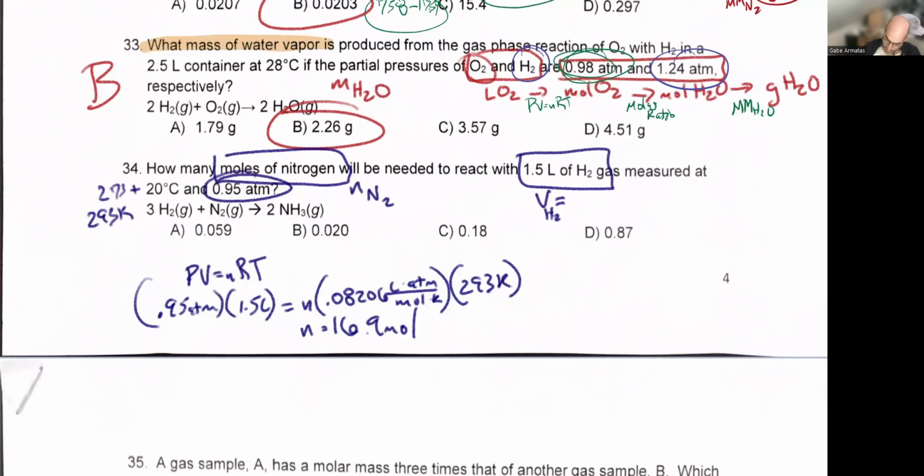My God, that seems really high. Let me just try this one more time. 0.08206 times 293, divided by 0.95, divided by 1.5 liters.